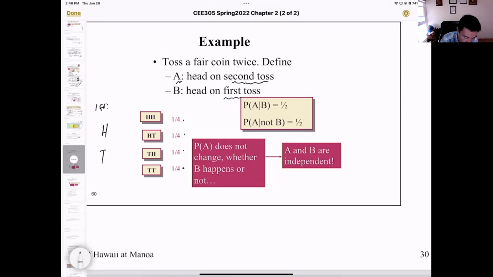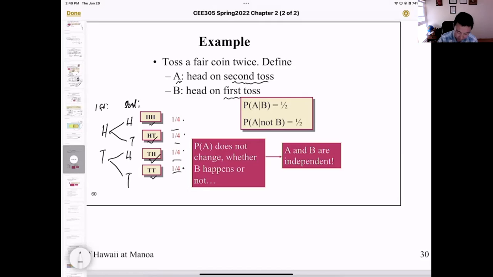And then for the second toss, for each of the head and tail, we could also have head or tail. So we have 4 possible outcomes: head-head, head-tail, tail-head, and tail-tail. And they are equally likely events, so each of these 4 outcomes has 25%.